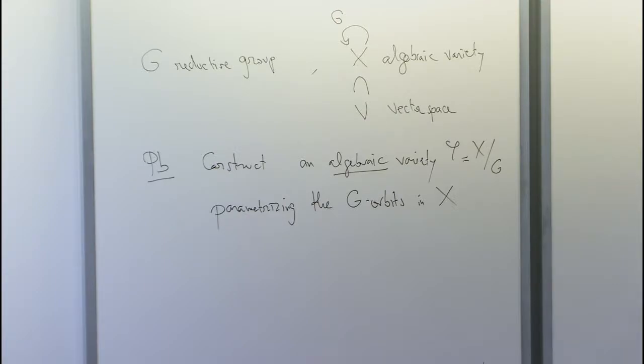So why is the finite generation important in this context? Because when we have finite generation, then automatically algebraic geometers can construct algebraic varieties.